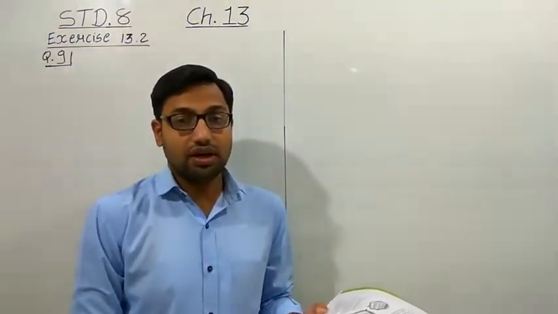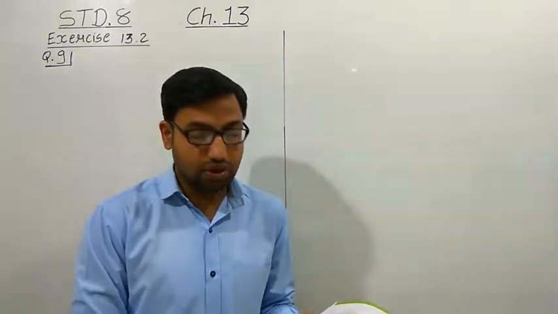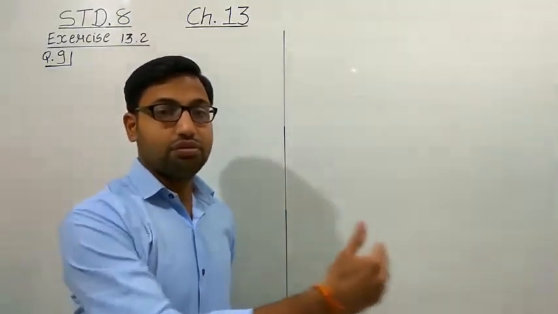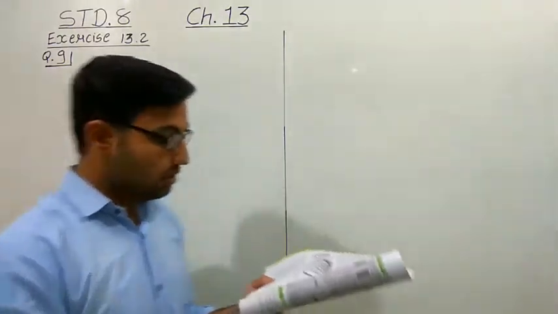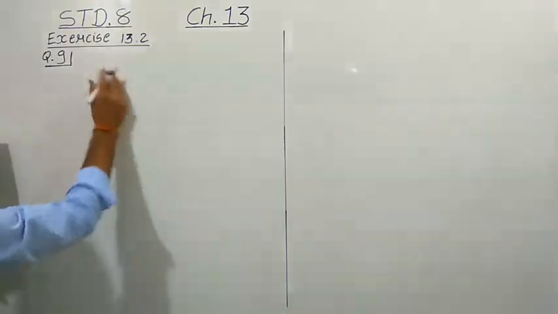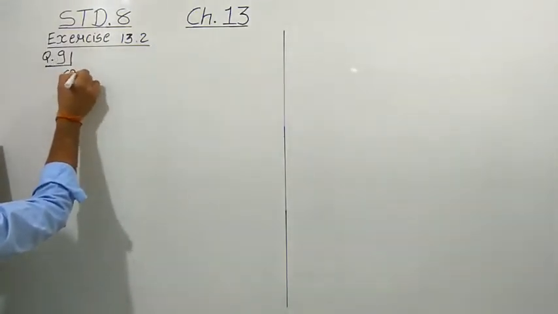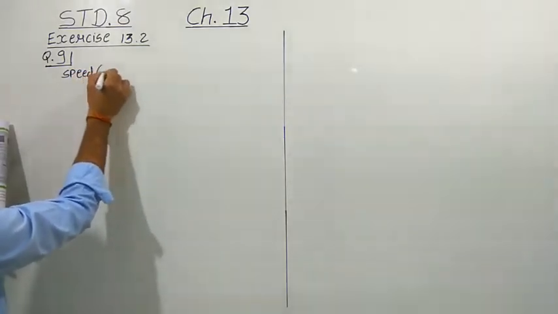Here the speed of the car is increasing from 60 km per hour to 80 km per hour. So we know that now the time to reach the same destination will decrease. So let us write down the two quantities. First is the speed, here in kilometer per hour.